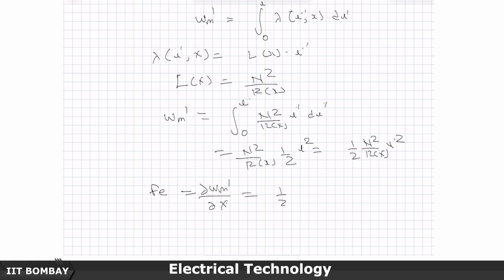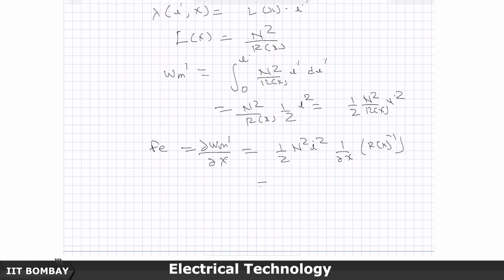So, you have half of N square I square, which will be treated as constant, and you are going to take the partial derivative of 1 by R x, which is going to be minus half of N square I square by R square of x times the rate of change of reluctance with respect to x, unit being newtons.